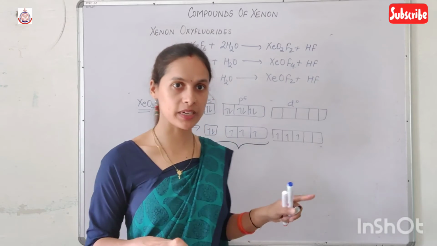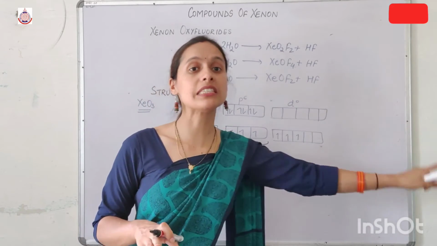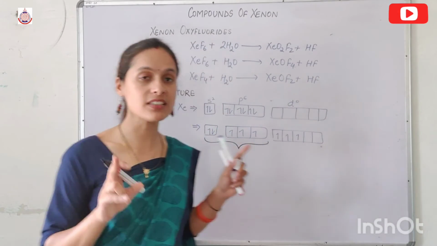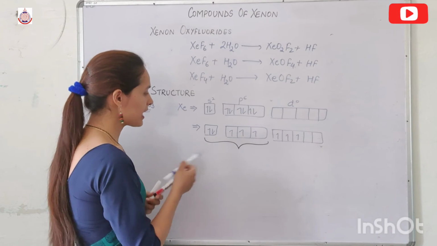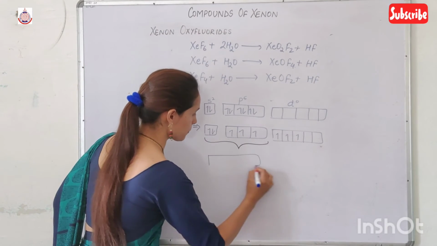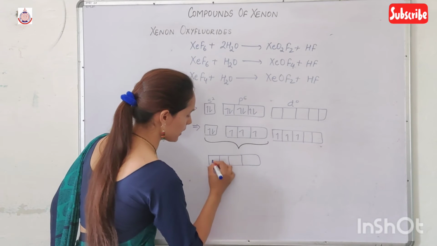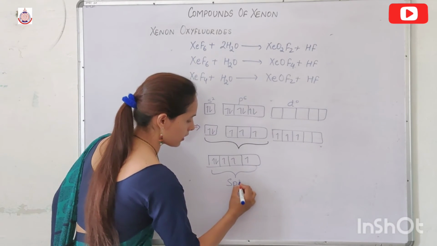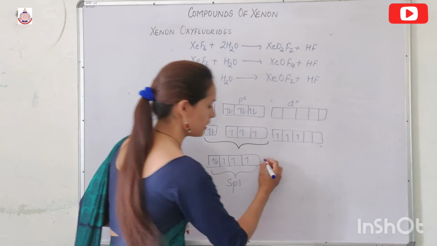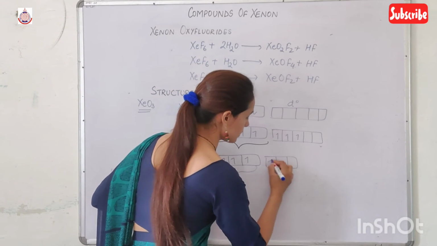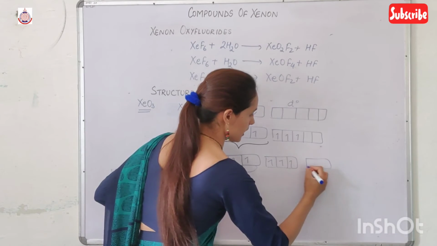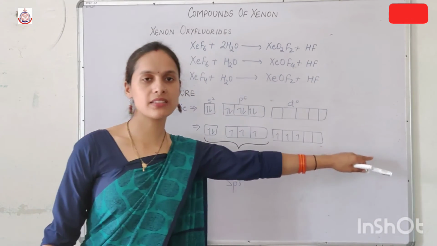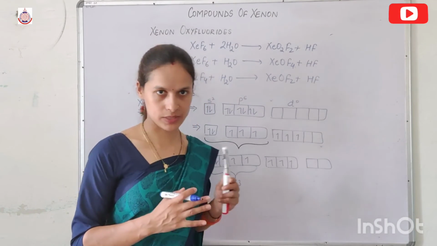These are unhybridized d orbitals. So in the hybrid state, I get 4 sp3 hybridized orbitals, 3 unhybridized d orbitals having a single electron, and 2 unhybridized d orbitals which are empty.